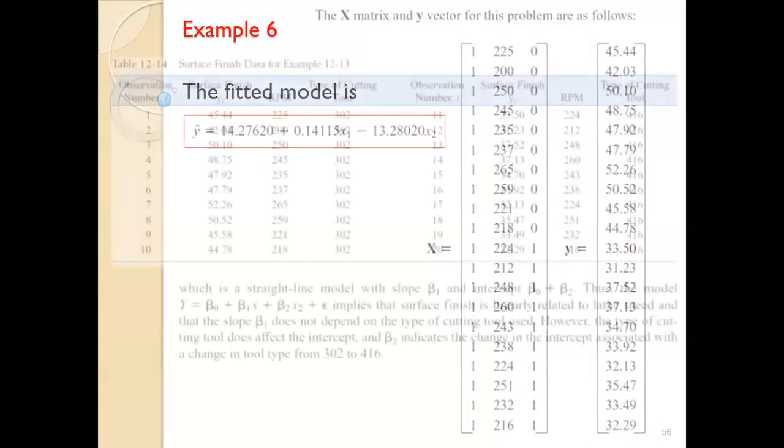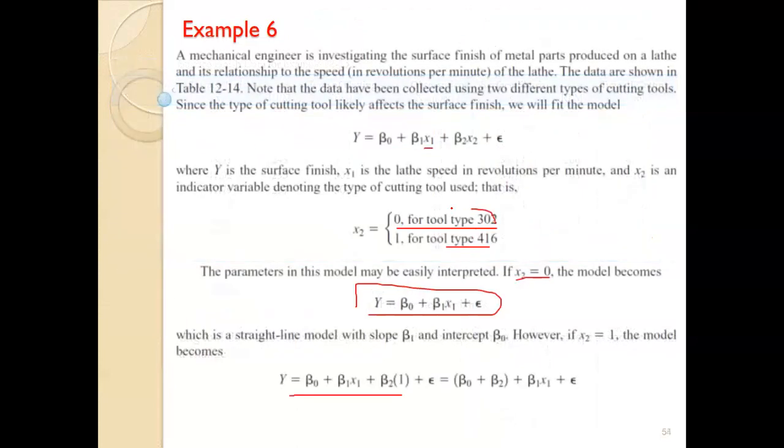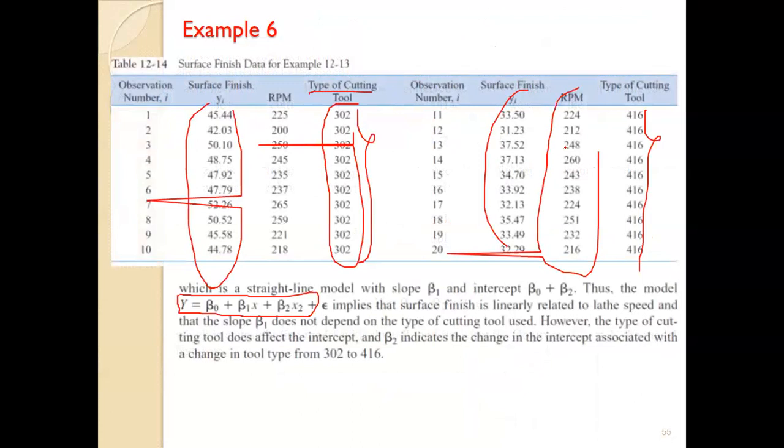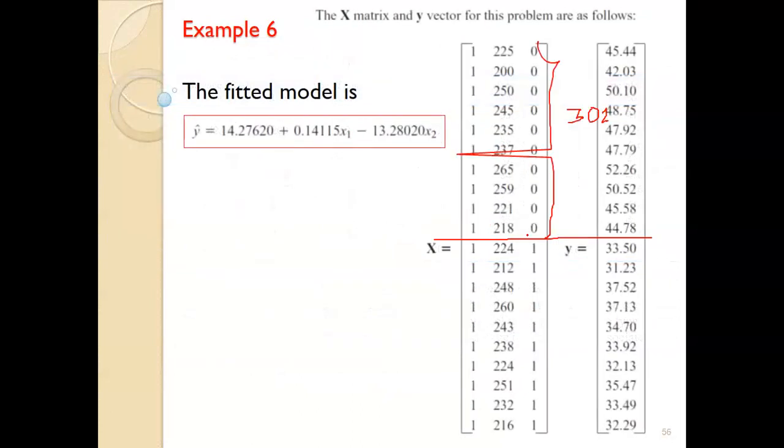Because x0 equal to 0, right? And then you represent this as 0 for x2, and for 416, x2 equal to 1. This is x1, and this is y.